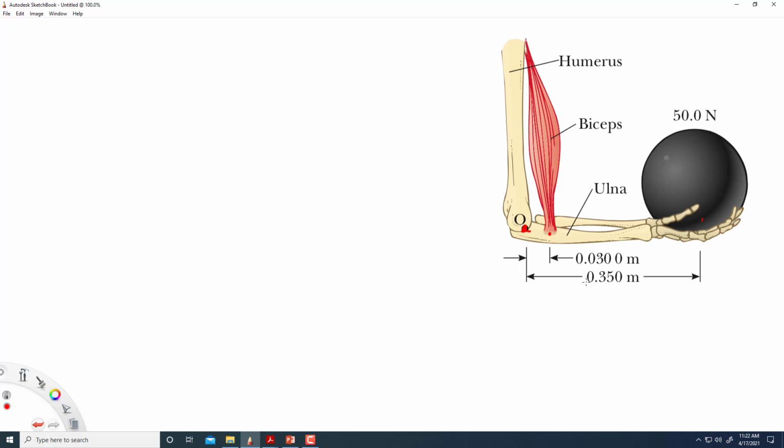So here we want to find the upward force F exerted by the biceps on the forearm. Okay, so we will consider that this bicep muscle is more or less vertical. Okay, although there is a little bit of angle here, but we'll consider the ideal situation here and consider this to be vertical like that. So this force is F, and that's what we want to find. And also there is a force of this humerus bone on the joint.